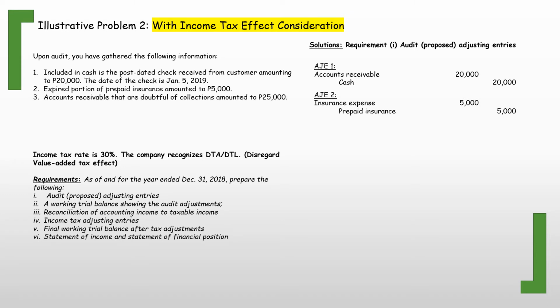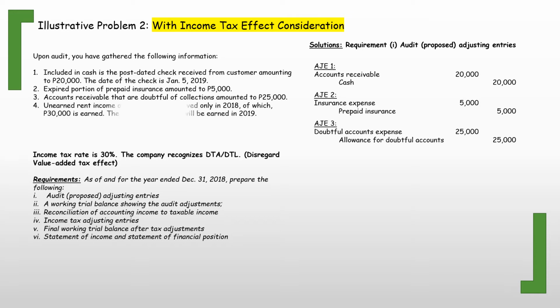Next is accounts receivable that are doubtful of collections amounted to 25,000. Our adjusting entry is debit doubtful accounts expense 25,000, credit allowance for doubtful accounts 25,000. Next is unearned rent income of 60,000 was received only in 2018, of which 30,000 is earned.